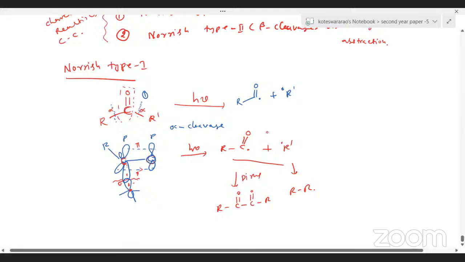Or it may undergo Norrish type 2 cleavage. So Norrish type 1 cleavage leads to the formation of the R radical along with the acyl radical. Now these radicals may combine, or R prime may produce OH. These are the products.